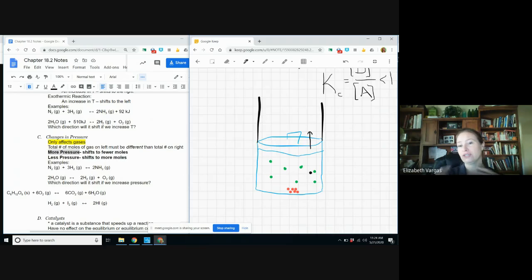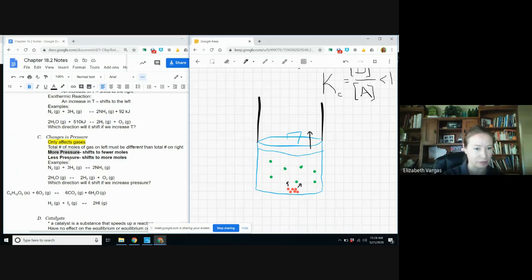So it's going to shift in a way that kind of increases that pressure back up again. So if I raise the lid here, then these spread out even more, and this solid, more of them will turn into my green reactants, and it's going to take up more space as a gas. So this will actually shift towards the green molecules if I let them expand more. Okay, hopefully that makes sense.